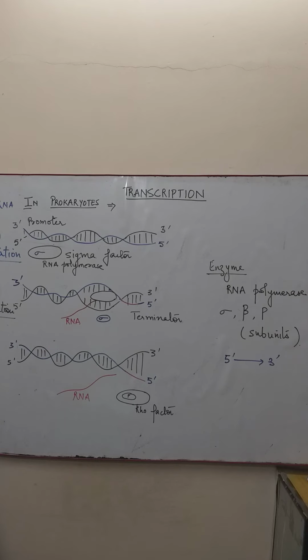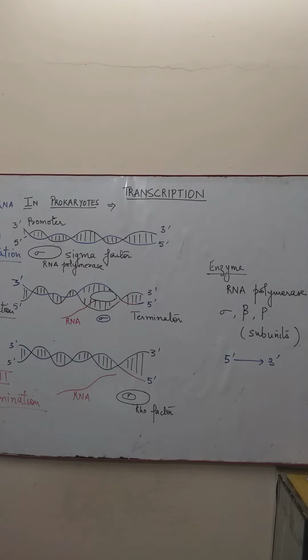So the third stage which we are talking about for the transcription process in the case of prokaryotes is the termination process. Now in the termination process, the RNA polymerase reaches the terminator sequence. The terminator sequence is downstream of the coding strand.